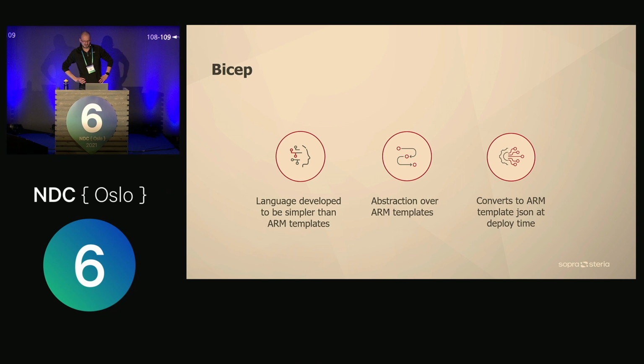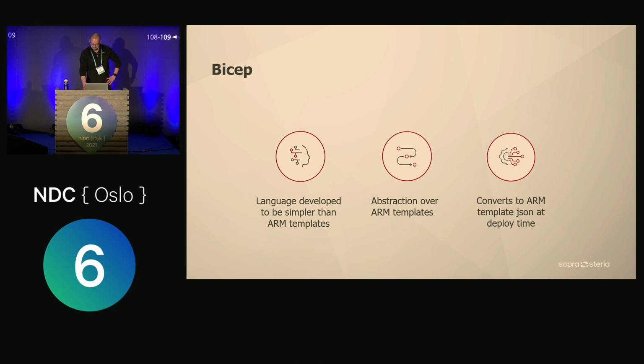So they came up with a language that is simpler, Bicep, and it's an abstraction over ARM templates. So when you deploy it, it's going to convert down to an ARM template file. And with this new Bicep language, I think Microsoft might be in a better position to compete with other infrastructure as code toolings like Terraform or Pulumi.